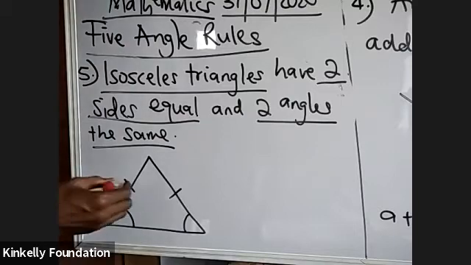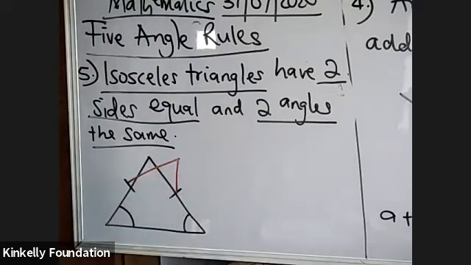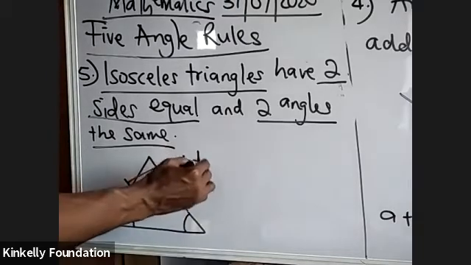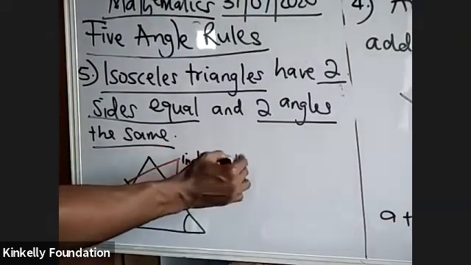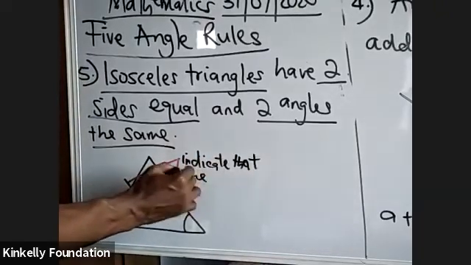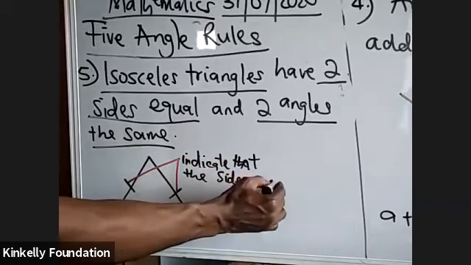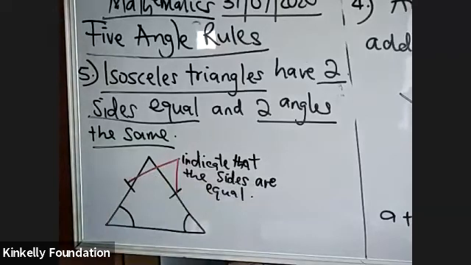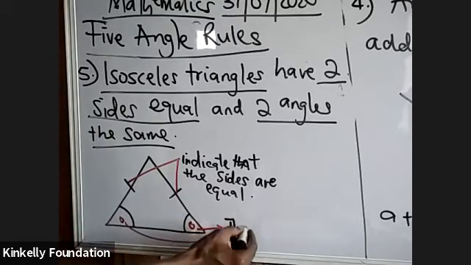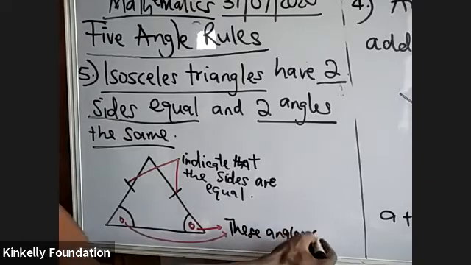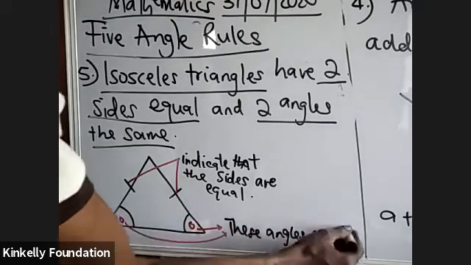These lines indicate that the sides are equal. And now these angles are the same.